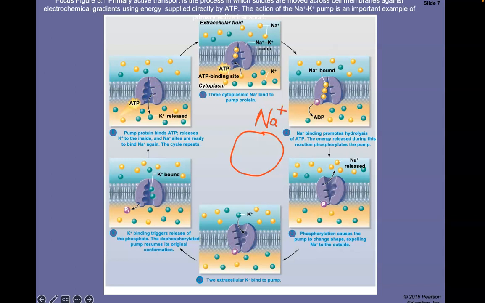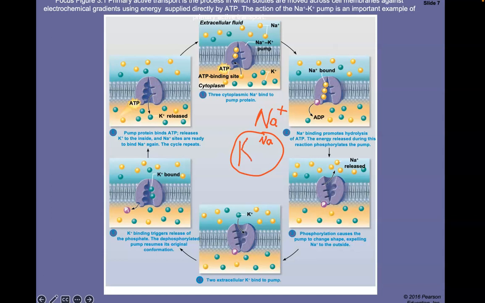And then I'll draw sodium as little on the inside of the cell, okay? So now we've established this concentration gradient where sodium wants to diffuse, right? It can't, it has to have a carrier protein to go through because it's charged, but it wants to diffuse down this concentration gradient.